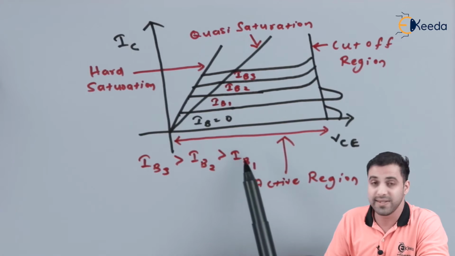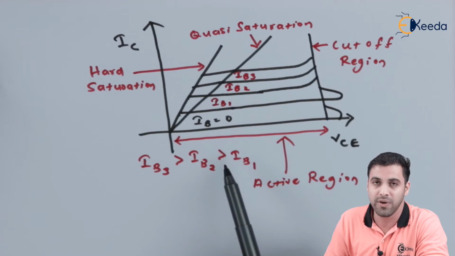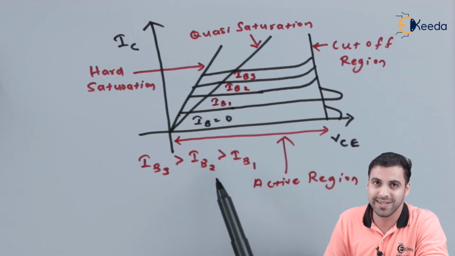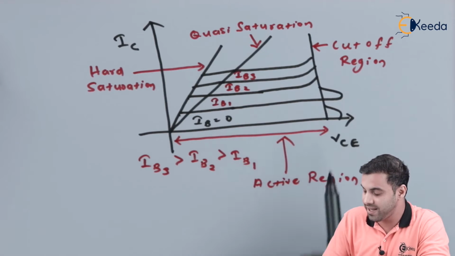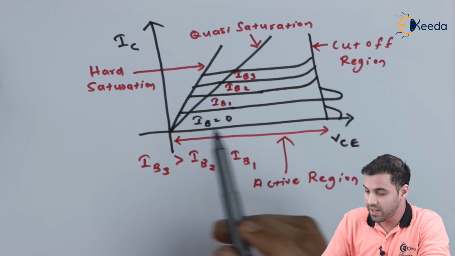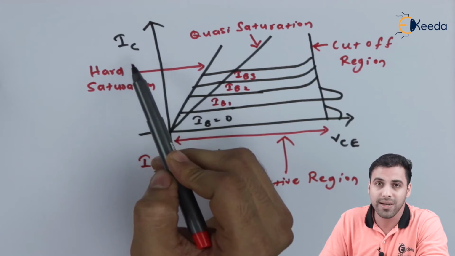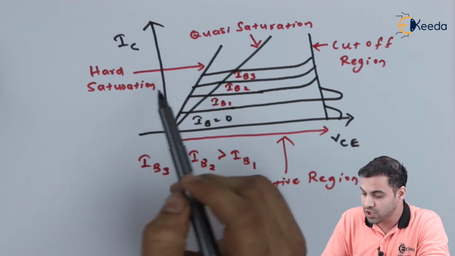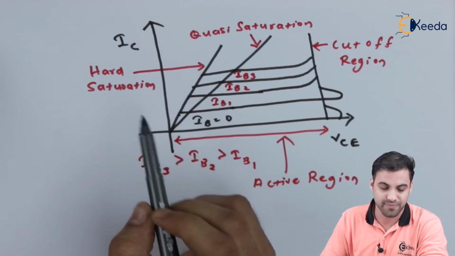Now friends, this is the VI characteristics of a power bipolar junction transistor. You all can see here, let VCE be the collector emitter voltage and IC be the collector current. Now let's talk about hard saturation.